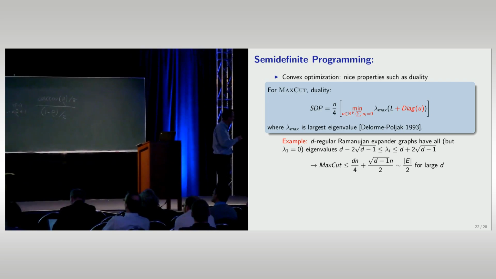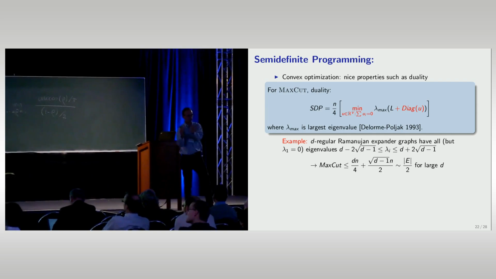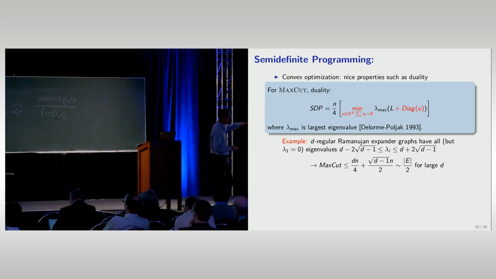Now, by the way, for my Ramanujan expander graphs, we know the spectrum. We know that the eigenvalues of the Laplacian will either be 0 or between d minus 2 square root of d minus 1 and d plus 2 square root of d minus 1, highly concentrated around d. And so you can show that indeed Ramanujan expander graphs have max cut at most roughly half the number of edges.